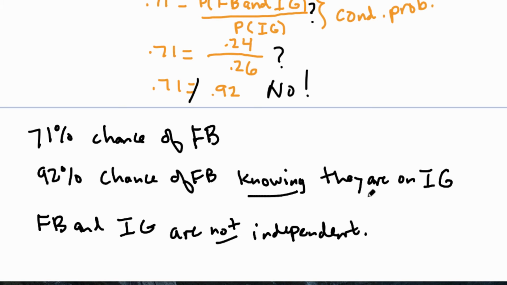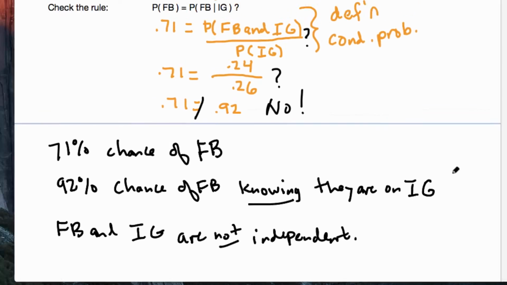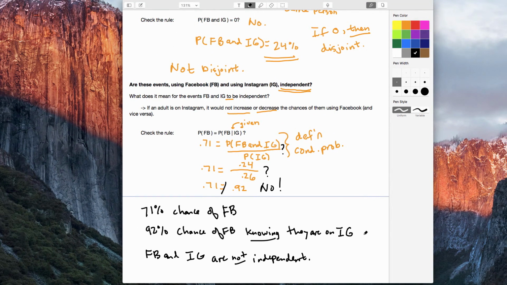Some textbooks might say that it's dependent events. Knowing that you're on Instagram changes the chances that you will be on Facebook. So let's recap here. Independent events are all about changing probabilities. Let's go back.